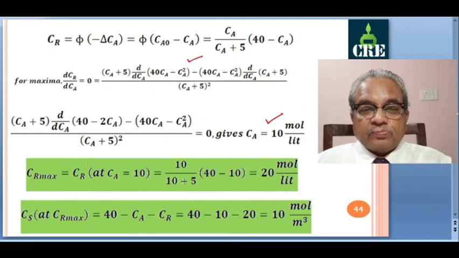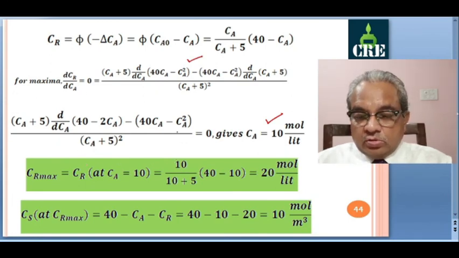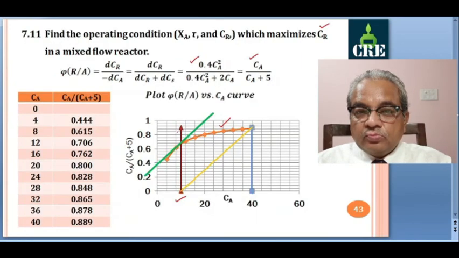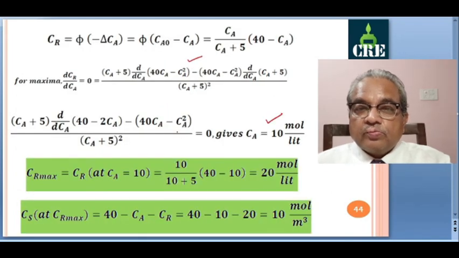CR max is at CA equal to 10. So 10 by 10 plus 5, that is, CA is 10. So 10 by 10 plus 5 into 40 minus 10, into 40 minus 10.